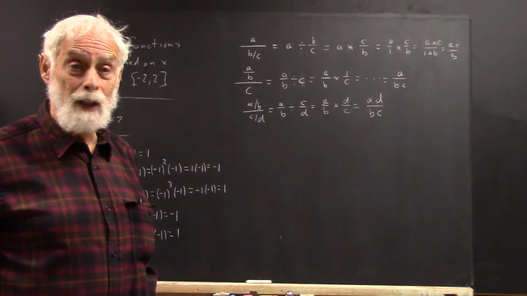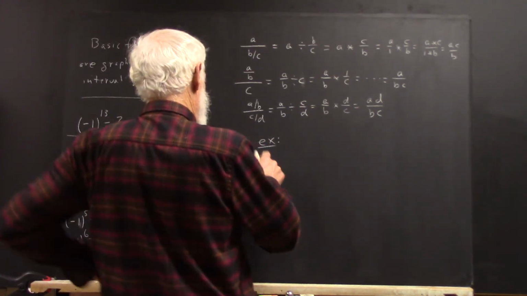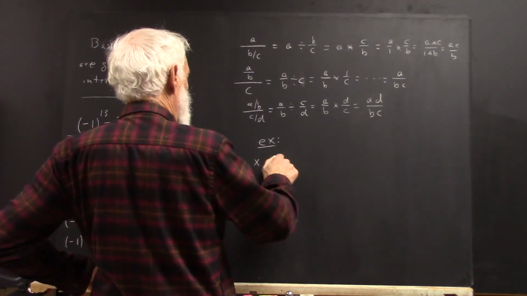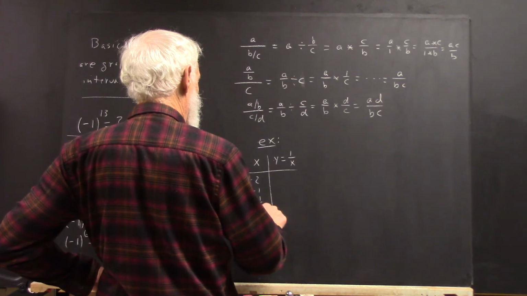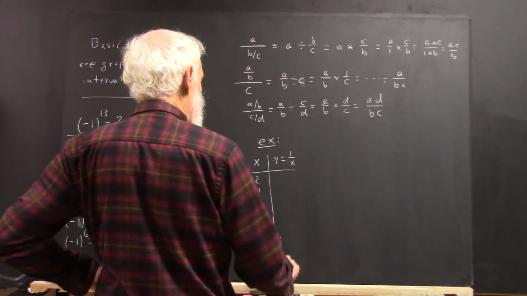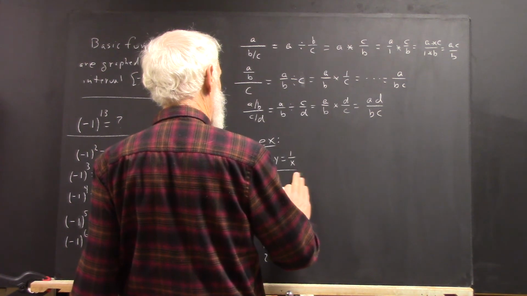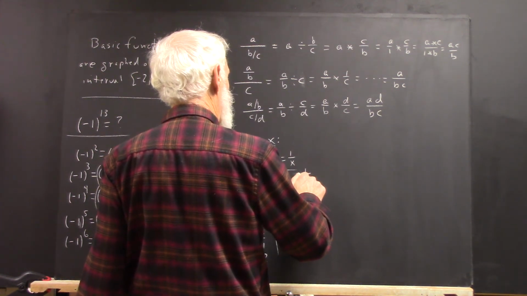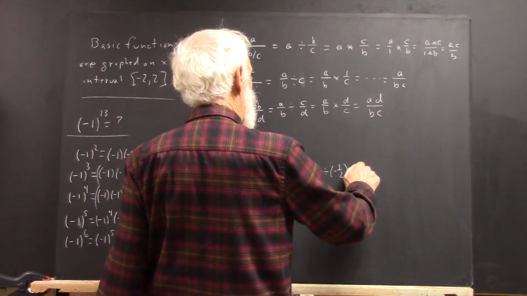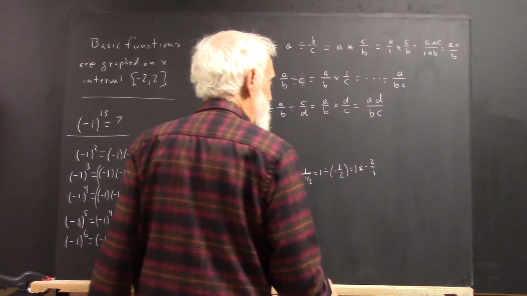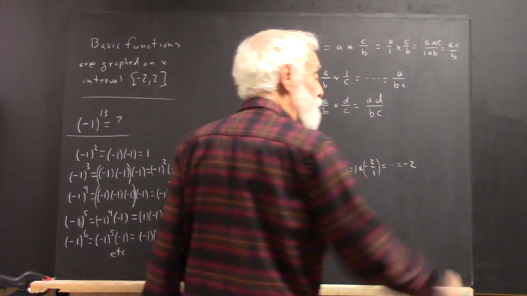So when you do 1 over x at negative 1/2, 1 over negative 1/2 is 1 divided by negative 1/2, which is 1 times negative 2 over 1, which is negative 2, right?